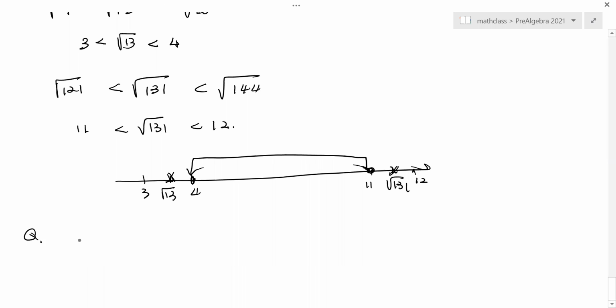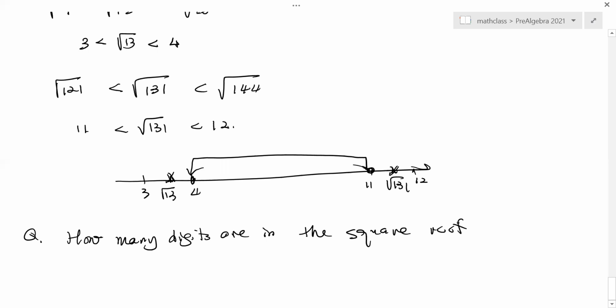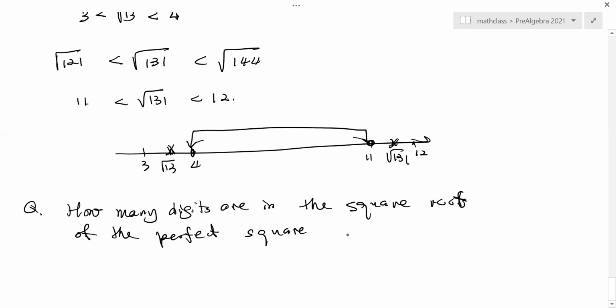So for example, the next one: how many digits are in the square root of a perfect square, 108868356? Wow.